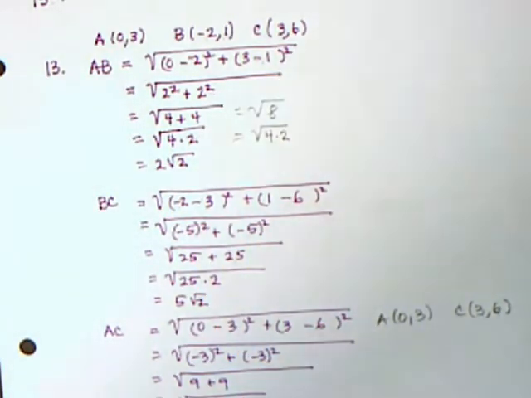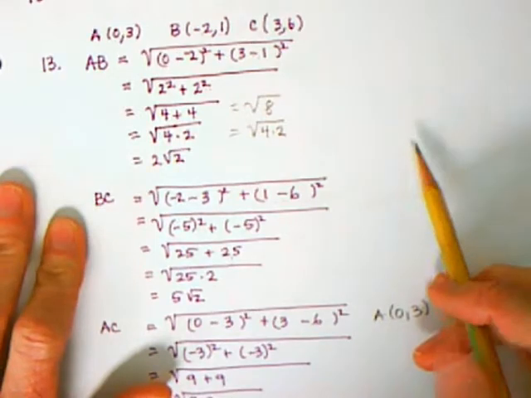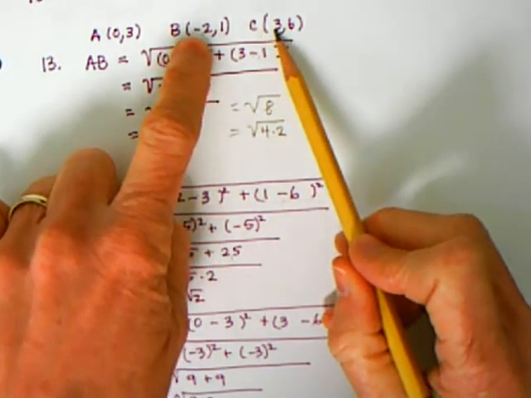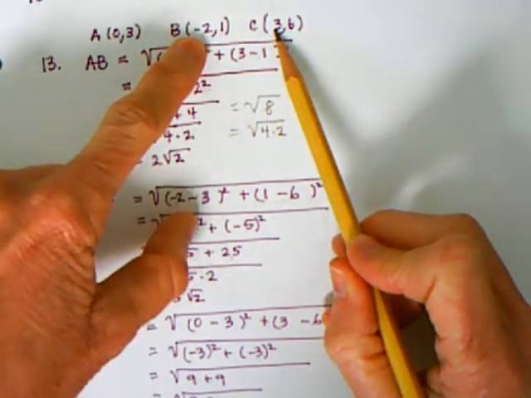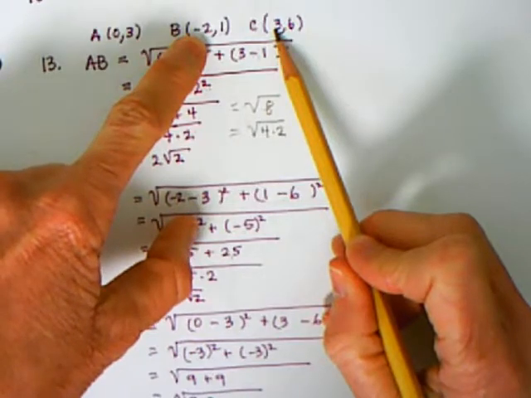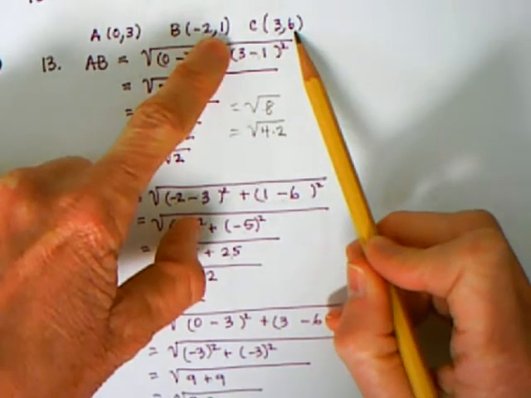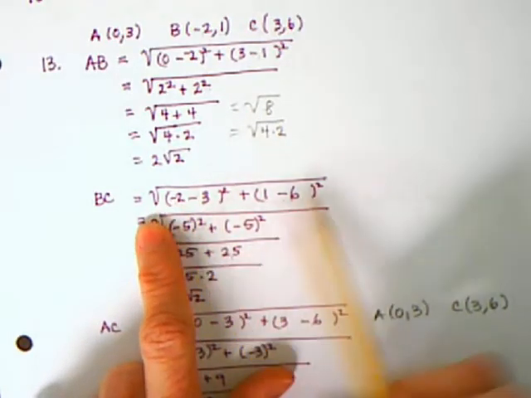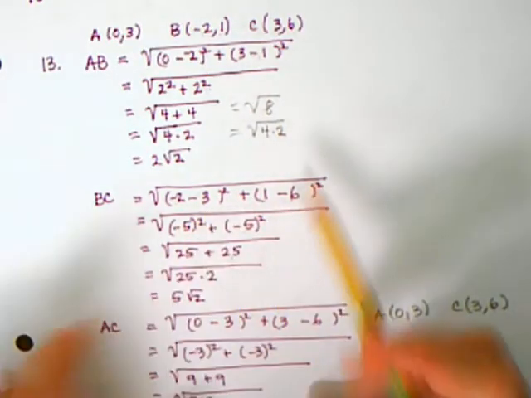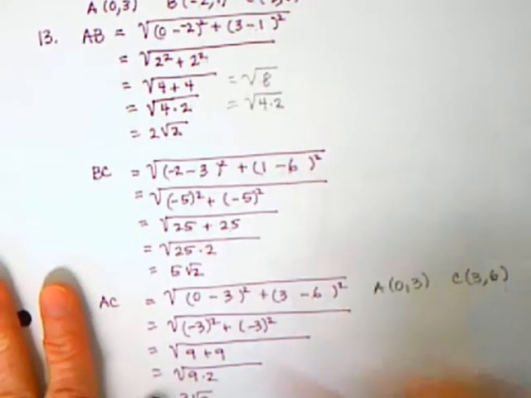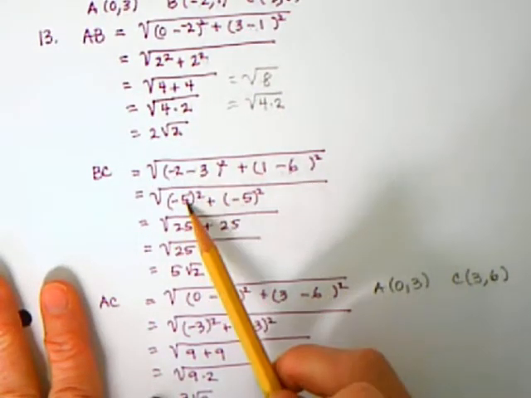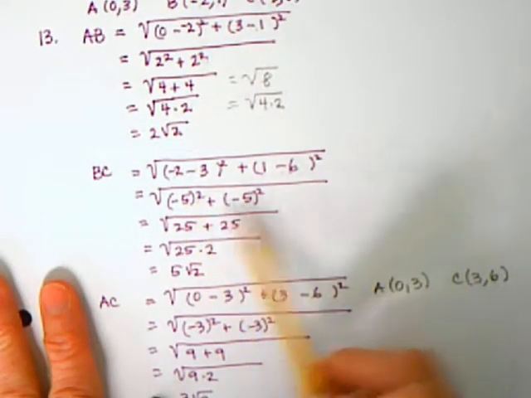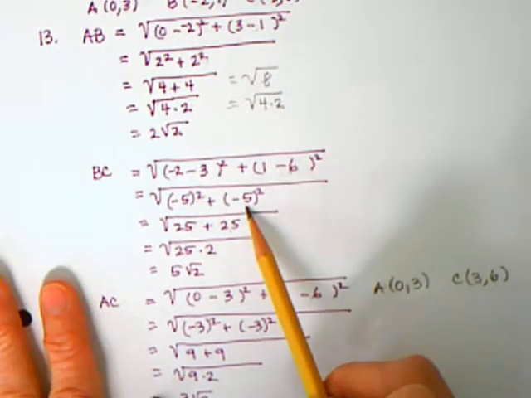Okay, I got to find the distance from point B to C now. So here we go. Negative 2 minus 3, the difference in the x's. 1 minus 6, the difference in the y's. Square root of the sum of the squares of those. Negative 2 minus 3 is negative 5, quantity squared. And then 1 minus 6, negative 5, quantity squared.